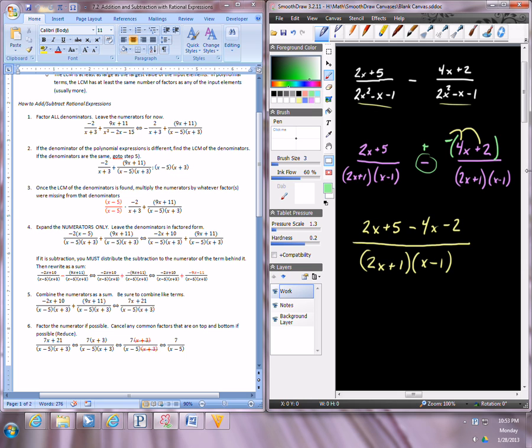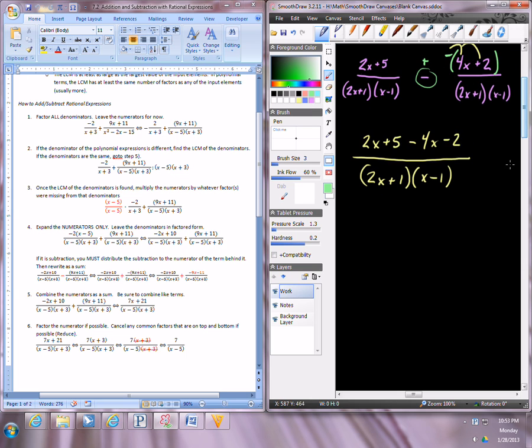Now combine the top, combine all the like terms, and that's where we are here. We are coming down here: combine the numerators as a sum. You'll notice we wrote sum up here. Be sure to combine like terms. And then step 6. We combine like terms: the 2x and the negative 4x give us a negative 2x.